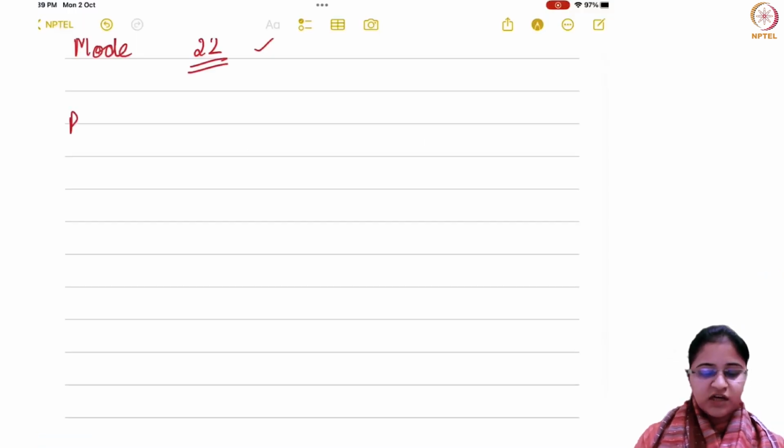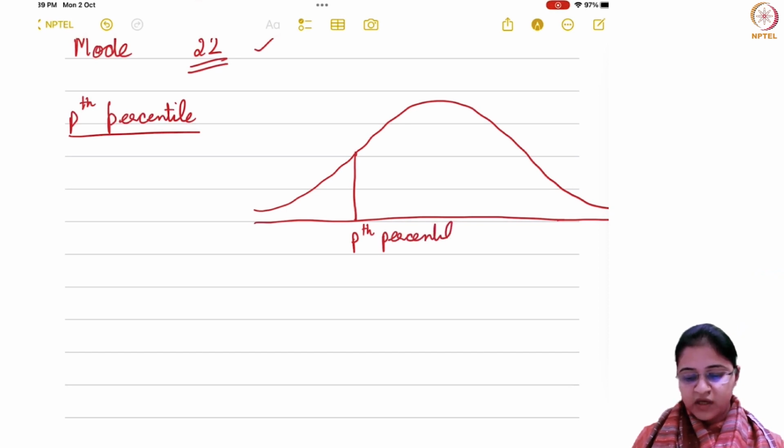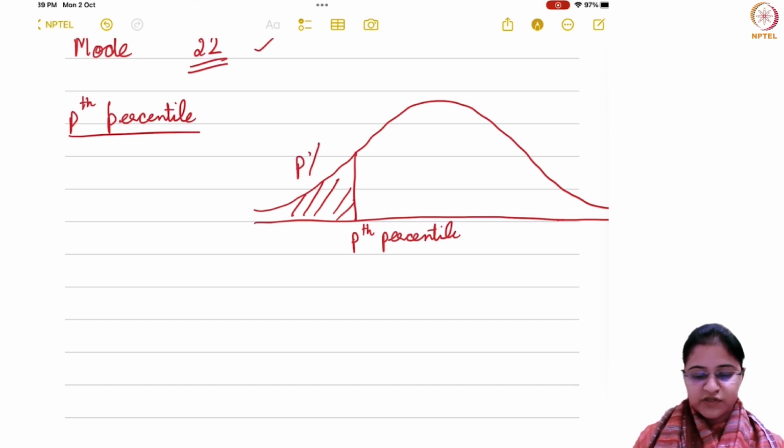So suppose your data looks like this, then we say that this point is your Pth percentile if P% of the data is below it, and the remaining is 100 minus P%.